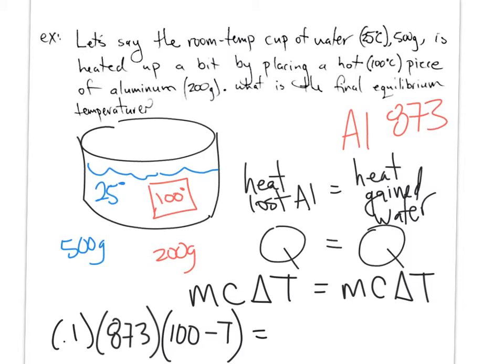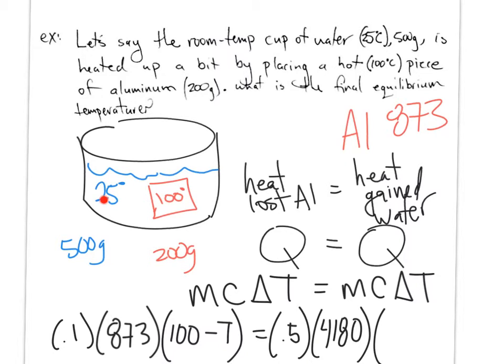For the water, so this is our right-hand side of the equation, heat gained by water, the mass of the water was 500 grams, and that was our 0.5 kilograms. Specific heat of water, we were using 4180. And then for the temperature, we know that the temperature of water is going to go up. So let's say it went up to 30.